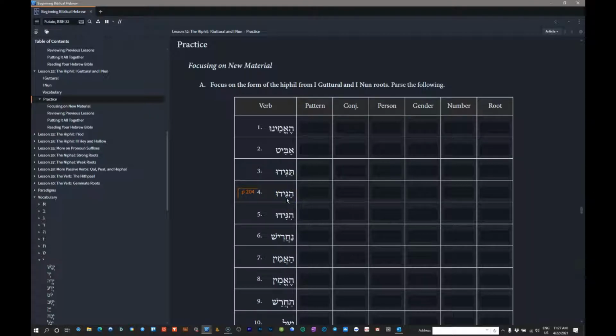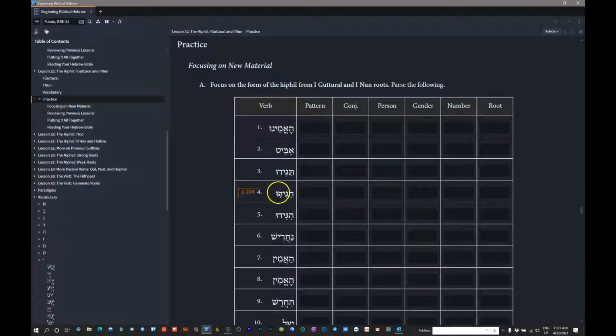Well, it only does the tsere in the 2ms form and the 2fp form. Basically, the top form and the bottom form go into tsere. The one that has no suffix goes to tsere, and the one that has the na suffix goes to tsere. So that's the 2ms and the 2fp go to tsere in the imperative hiphil.